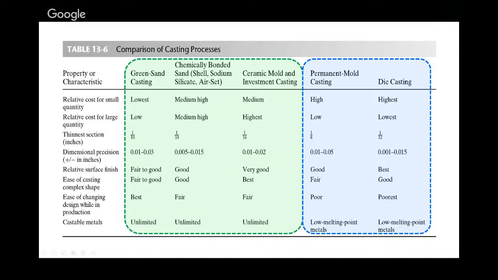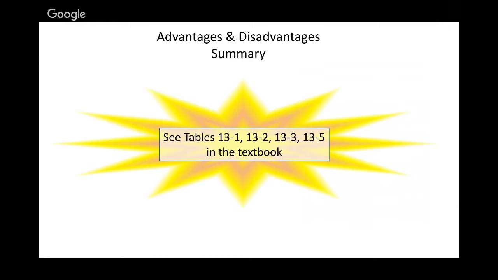And again, we still can compare these things, right? What we see is that there's advantages and disadvantages, that some have better surface finish, some can do bigger parts, some can do higher temperature metals. Okay, so there's a lot of things that we want to take into consideration. Please, please, please grab your textbook and take a look at these tables.